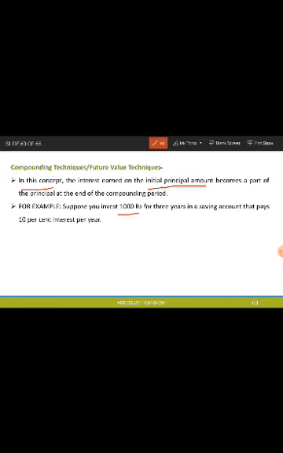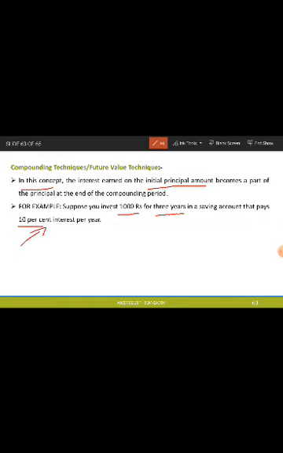Here the interest is given as 10% per year, and we are investing for 3 years. If you want to calculate the future value of the money, suppose you invest 1000 rupees for 3 years at 10% interest per year, what amount will you get back after completion of the 3 years?